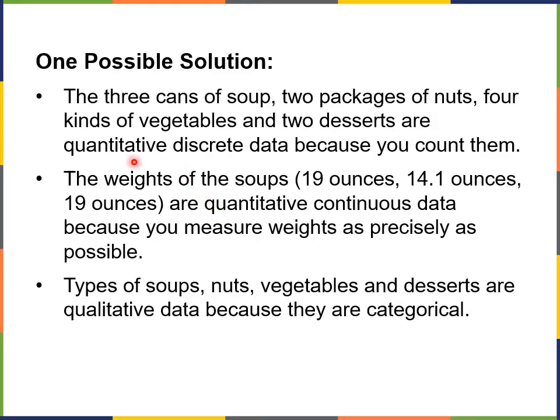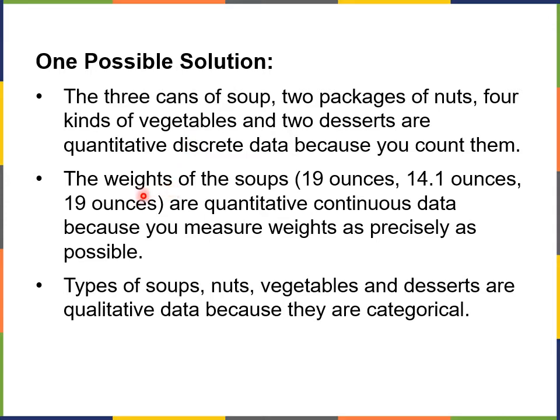So if we go through it, the 3 cans of soup, 2 packages of nuts, 4 kinds of vegetables, 2 desserts, they're all quantitative discrete data because we can count them. So it's the number of soups, the number of nuts, the number of vegetables, they're numbers, so quantitative, and they're discrete because we're counting how many of each we have.